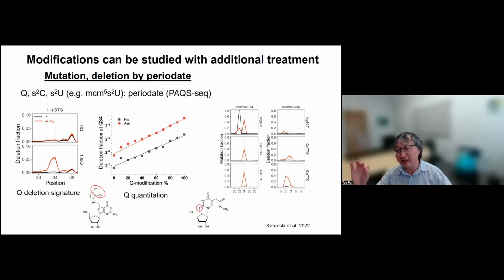We can't tell from any single sample what the modification fractions are, but when there's a change under a different cell type or different cellular condition, we can see whether these modifications increase or decrease, sometimes even quantitatively measuring the differences. So keep this in mind: we do not measure the modification fraction per se, but we measure modification fraction differences.